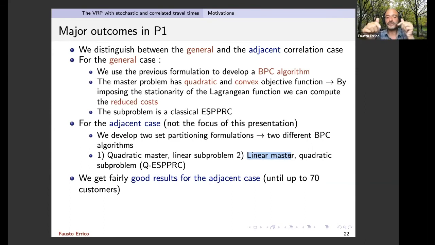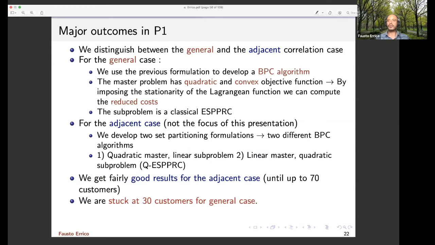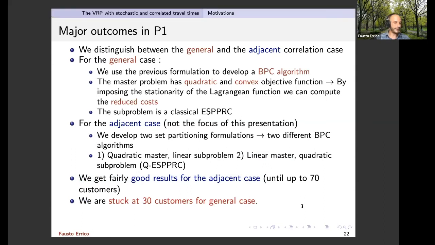However, the same approach was very difficult for the general case, where the quadratic master problem and linear subproblem worked better. We got fairly good results for the adjacent case, but for the general case we were stuck at around 30 customers.